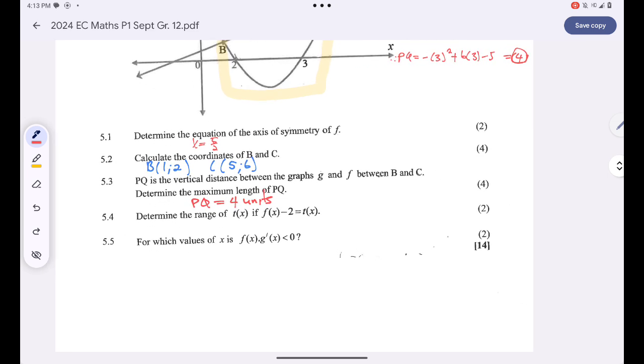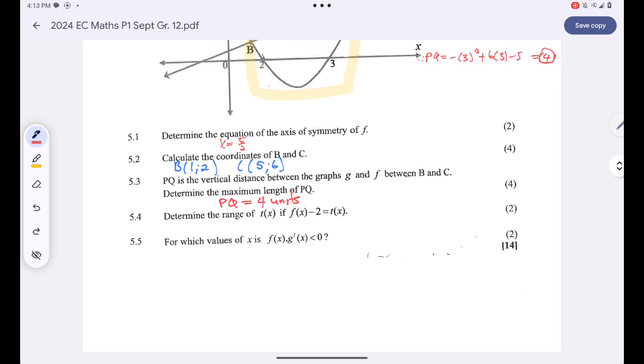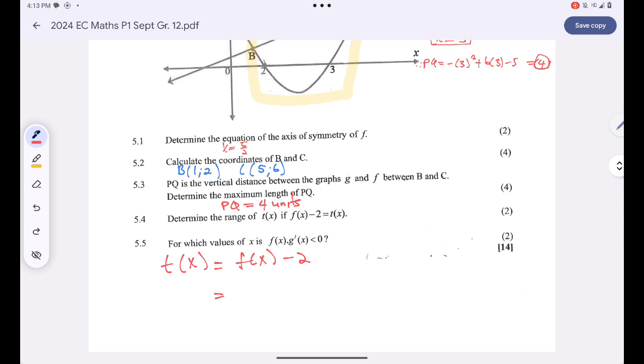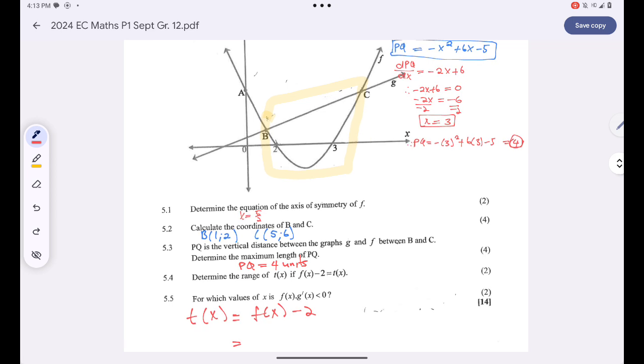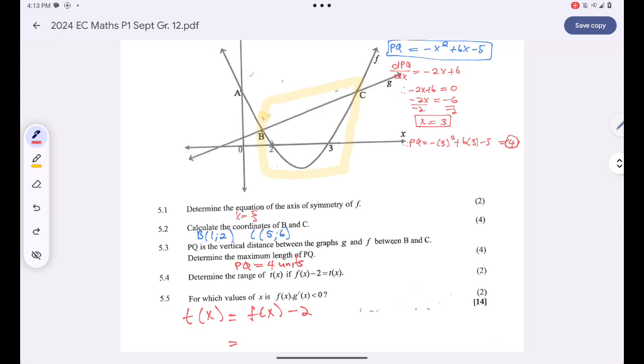Okay, now they want us to determine the range of t of x if f of x minus 2 is equal to t of x. I know that t of x is equal to f of x minus 2. So basically, guys, they've taken the graph of f of x and shifted it 2 units down.